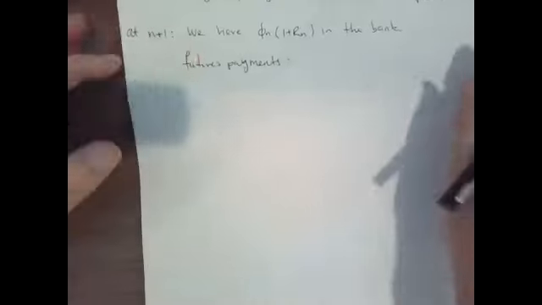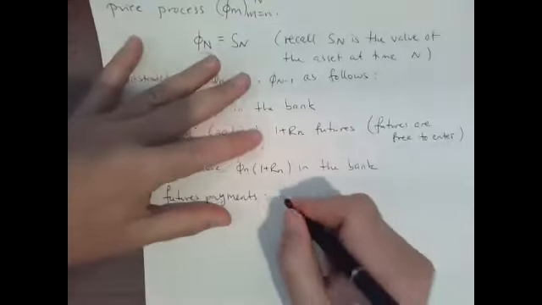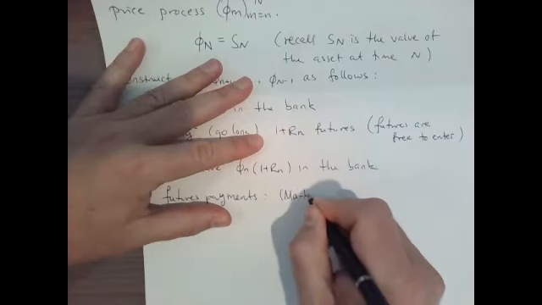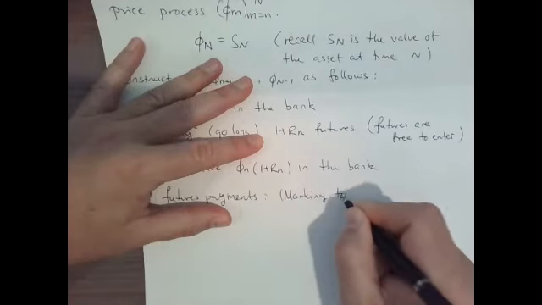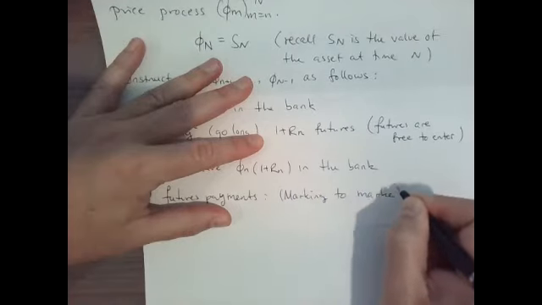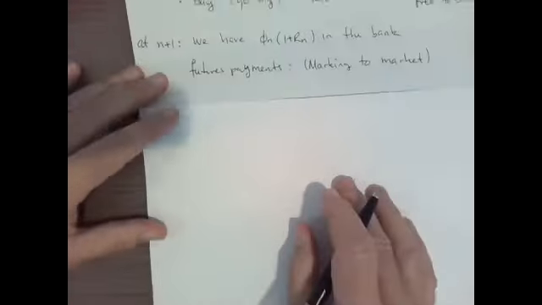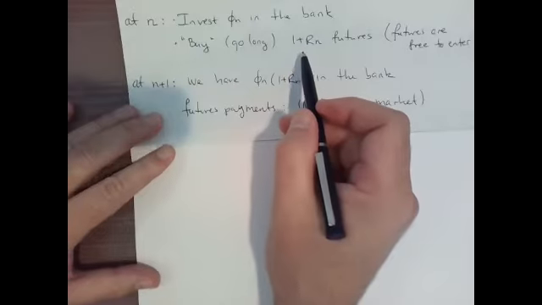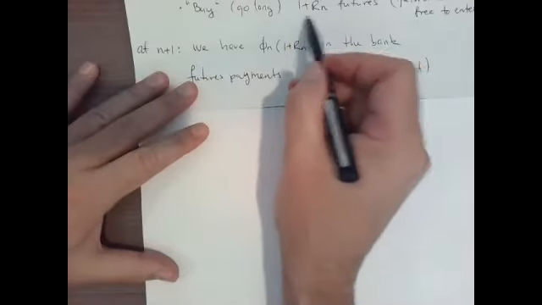On the next slide, there are going to be futures payments, and this is what's called marking to market. They are there because we are in a futures position that is not 0.